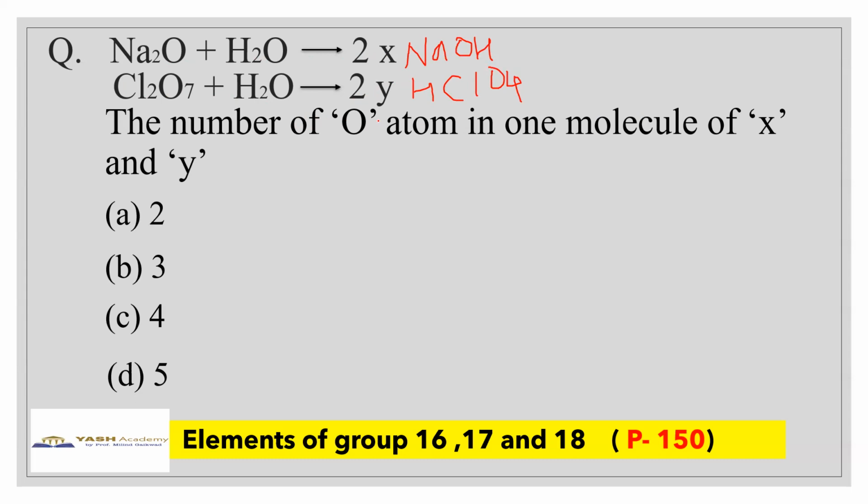And what is asked? The number of oxygen atoms in one molecule of X and Y. Now cancel this 2 and count the number of oxygen atoms in X and Y. In X there is 1 and in Y there are 4. So the total number is 5. So D is the correct answer option of this question.